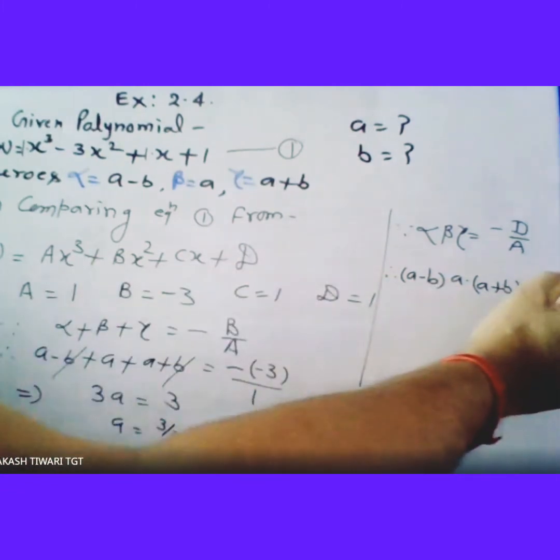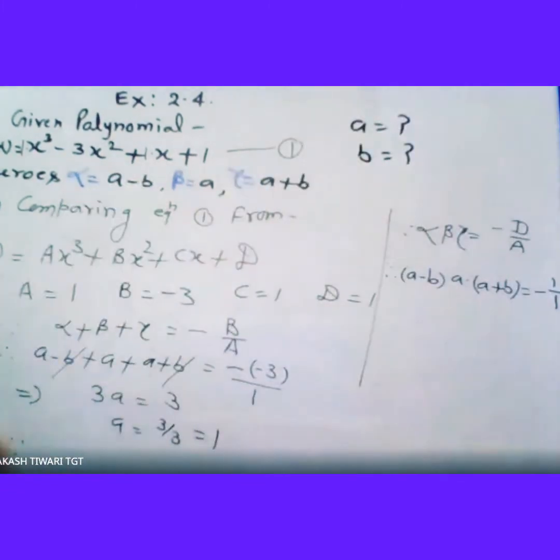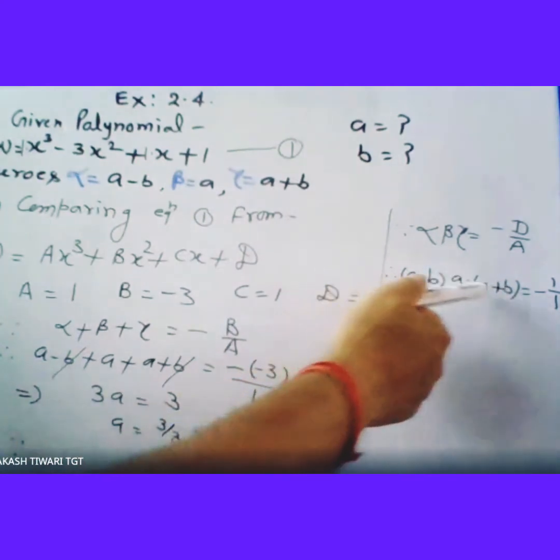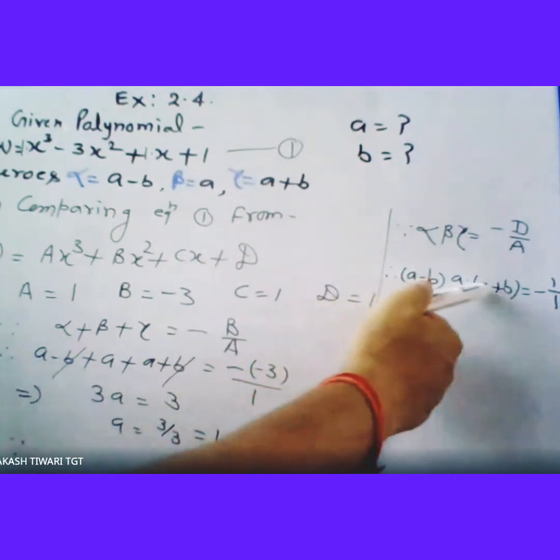So you will write minus 1 upon 1. And you can use here formula A minus B and A plus B.